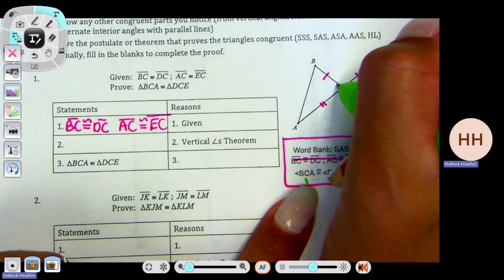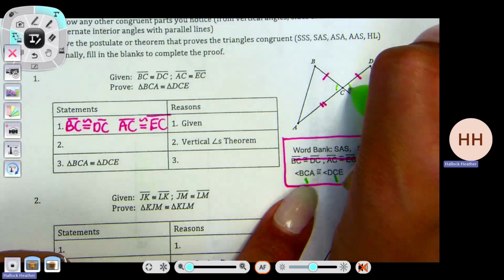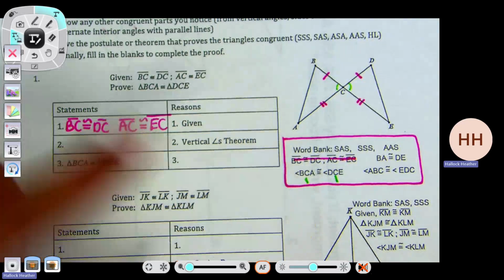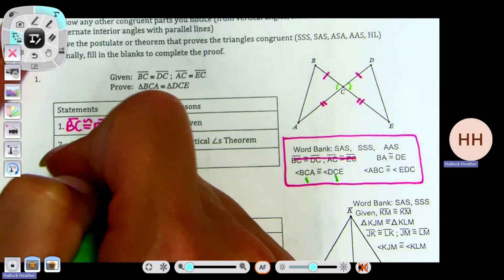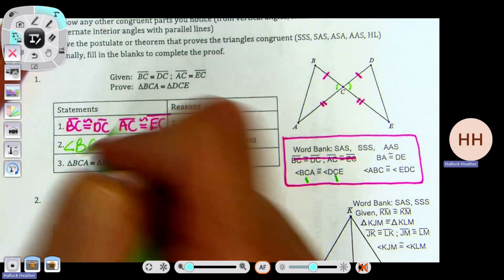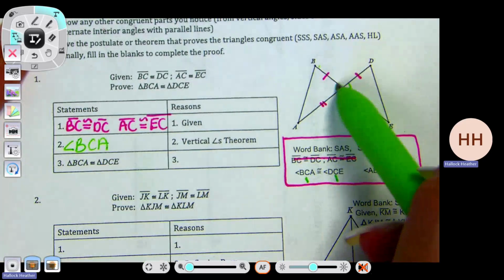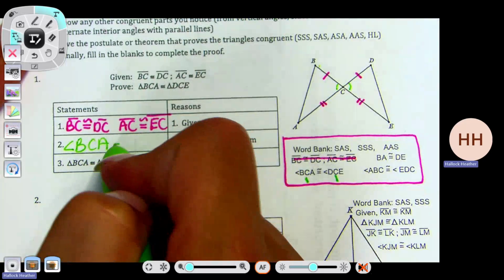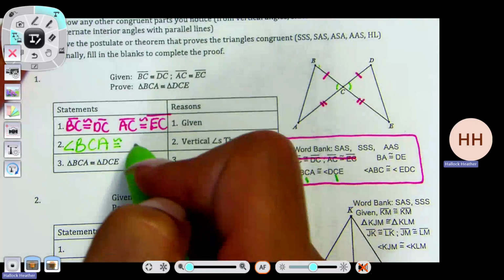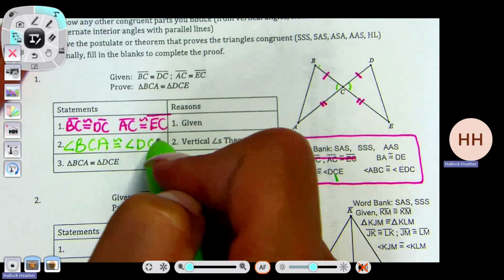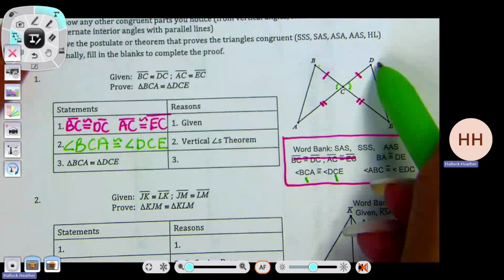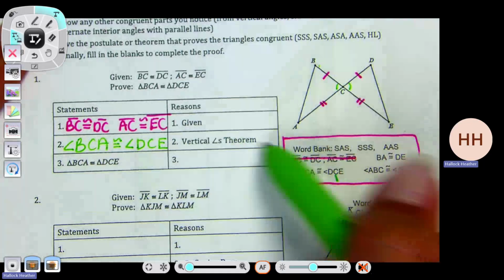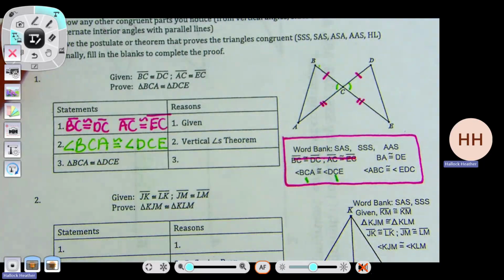Where they kiss, that's vertical angles because they're kissing. So we're going to say angle BCA, which represents B to C to A, matches DCE. So they match. Vertical angle theorem. When they kiss, vertical angles.